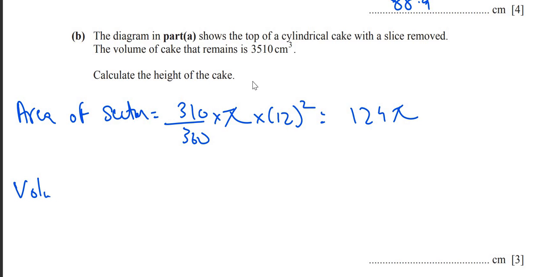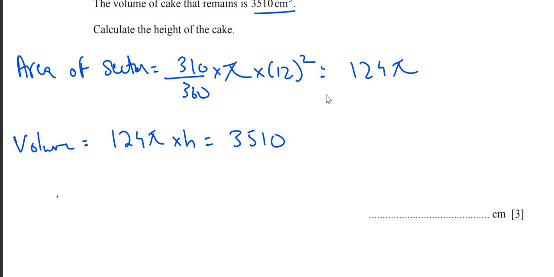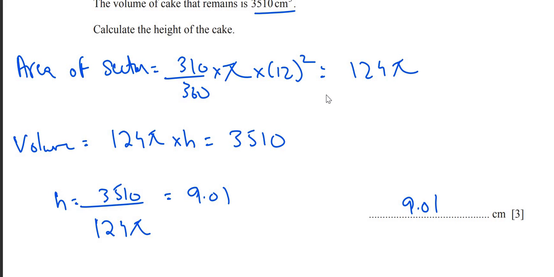In order to find volume, we will do 124 pi multiplied by height is equals to 3510, because they have already given it. All right. So this becomes height is equals to 3510 divided by 124 pi, which is 9.01. So the answer is 9.01.